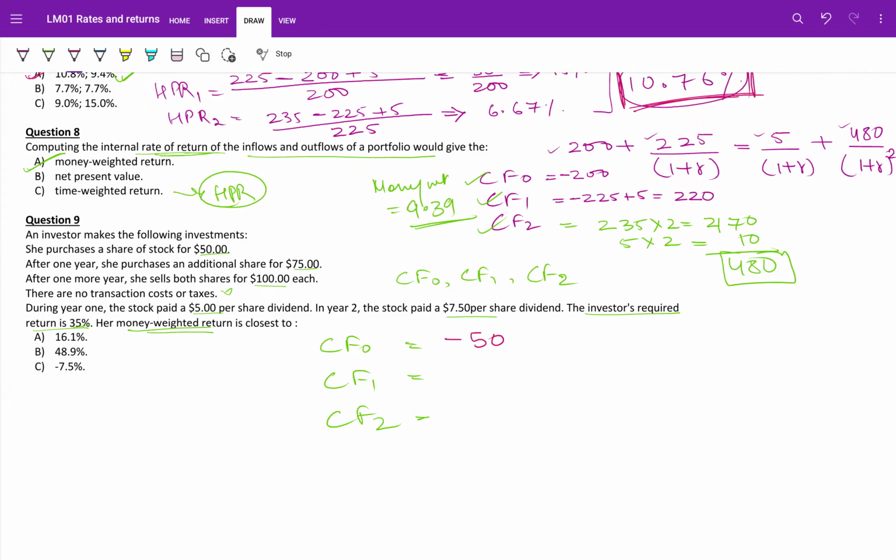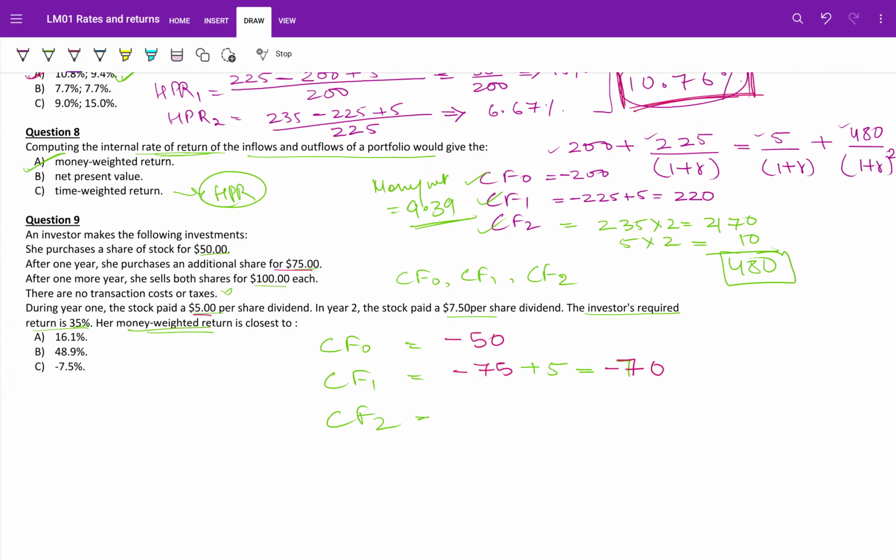After 1 year, she purchased additional stock for $75. This is again a cash outflow, but this time she received a dividend of plus five. So the net cash outflow is $70.